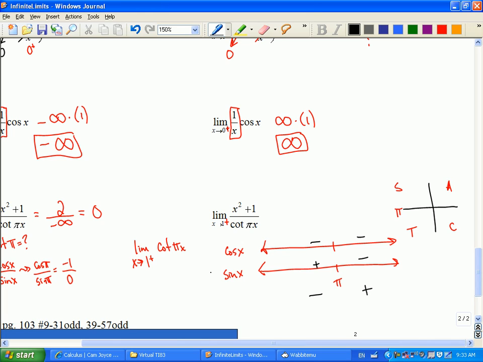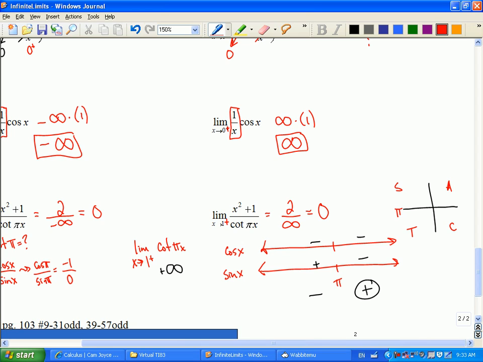So if you want to know what this asymptote is going to be, it has to be positive infinity. So in this case, I'll have 2 over positive infinity. And because I'm still splitting it up into an infinite number of pieces, it's still going to be a 0.